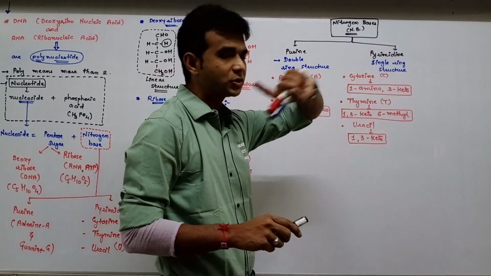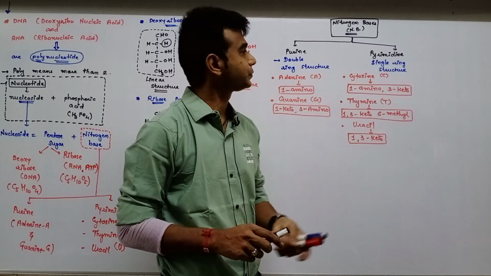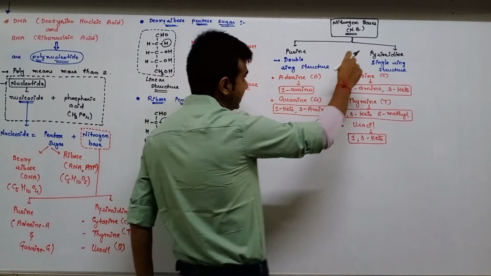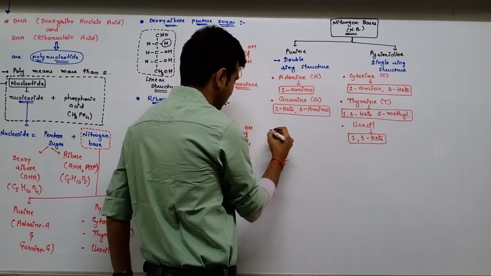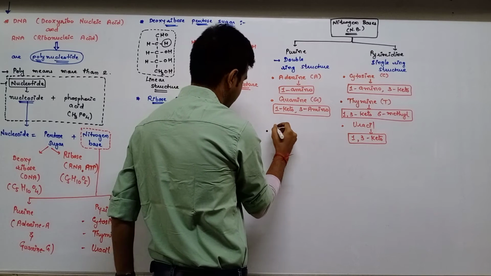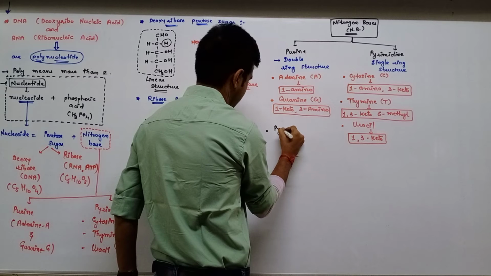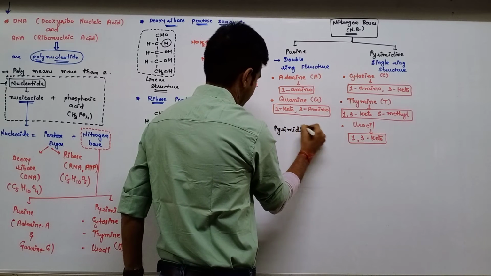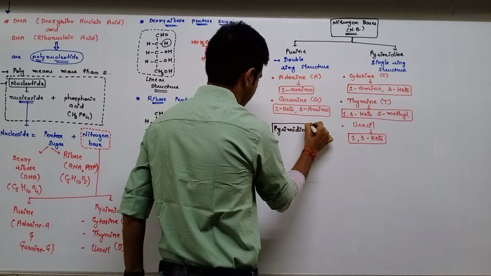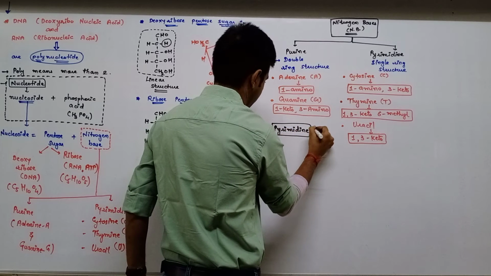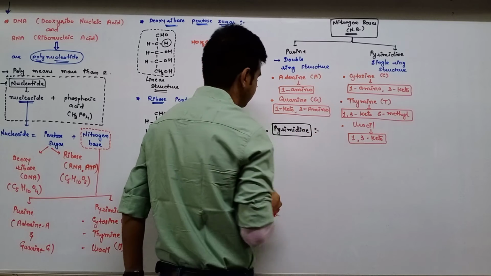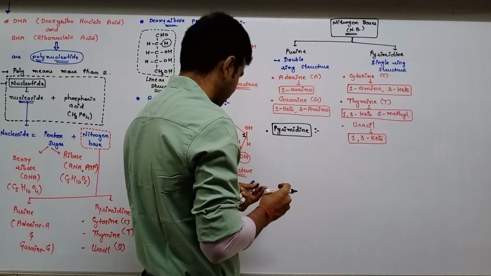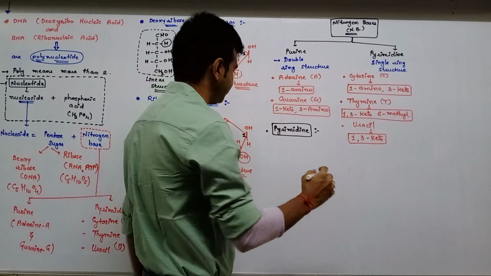Okay, first of all, I want to tell you the pyrimidine, right? Pyrimidine is single ring. In single ring, a hexagon is there.